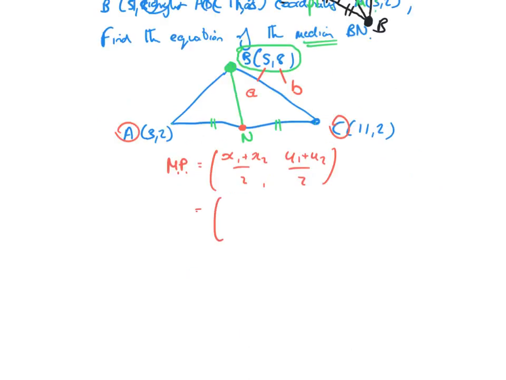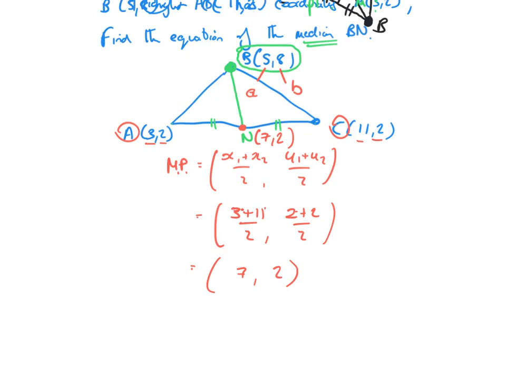There's x1, 3, and x2, 11, so it's 3 plus 11 over 2, and then y1 plus y2 is 2 plus 2 over 2. 3 plus 11 is 14, 14 over 2 is 7, 2 plus 2 is 4, 4 over 2 is 2. So the midpoint, which I'm going to mark in, is (7,2).